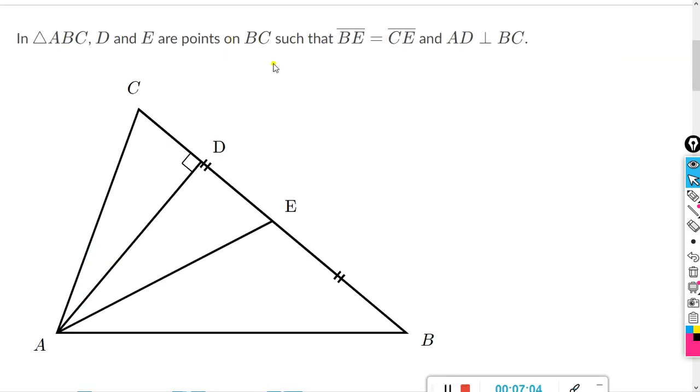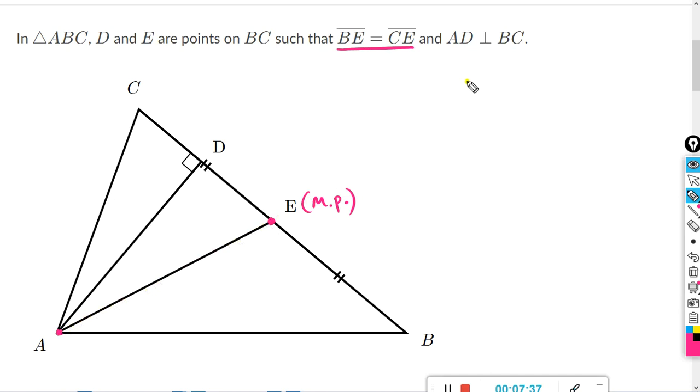D and E are points on BC such that BE equals CE, and AD is perpendicular to BC. Let's check it out. BE equals CE. BE is this portion right here. CE is this portion right here. That means E is going to be a midpoint. And we said when it goes from vertex to midpoint, that is a median.